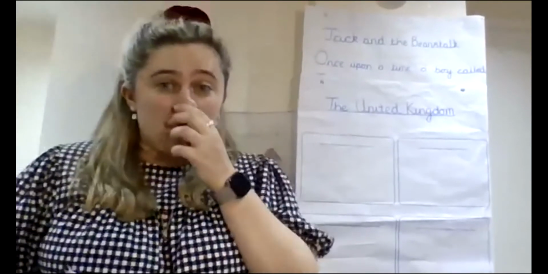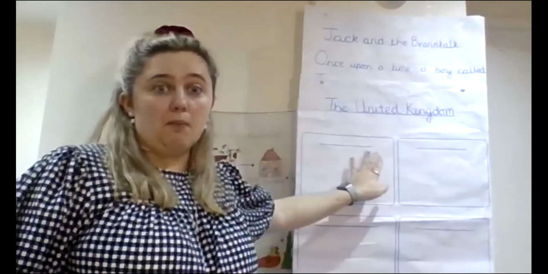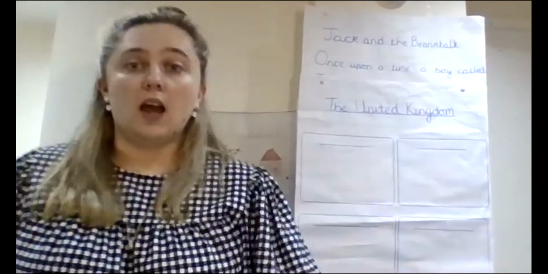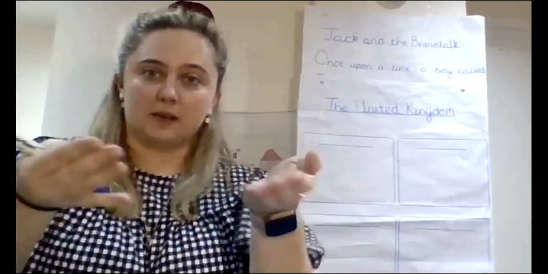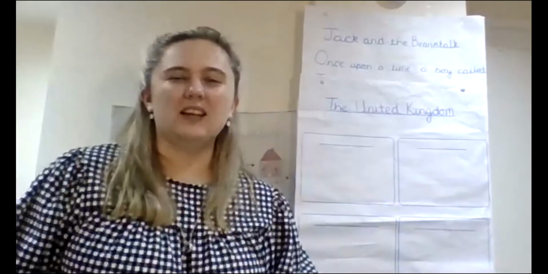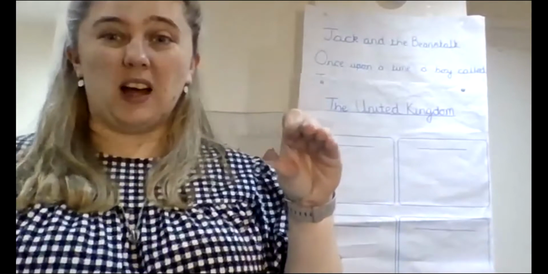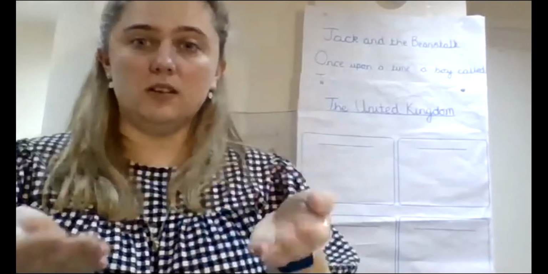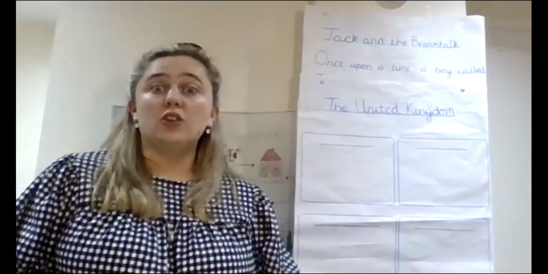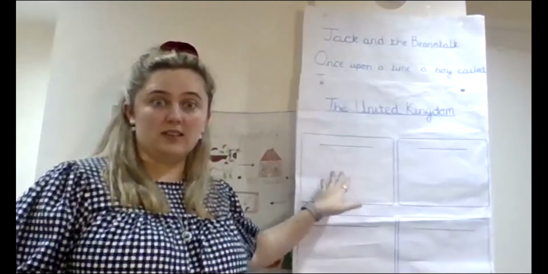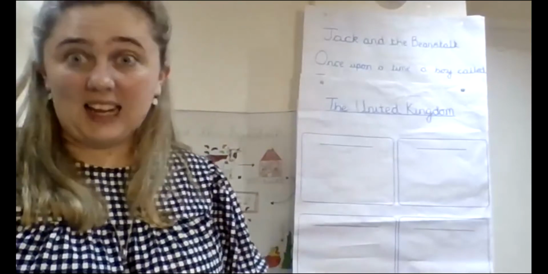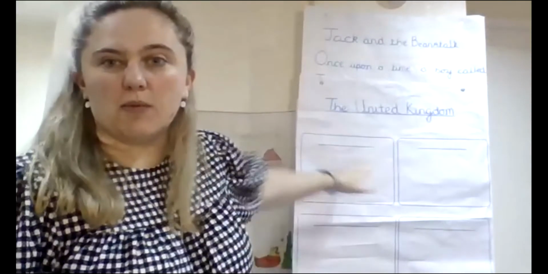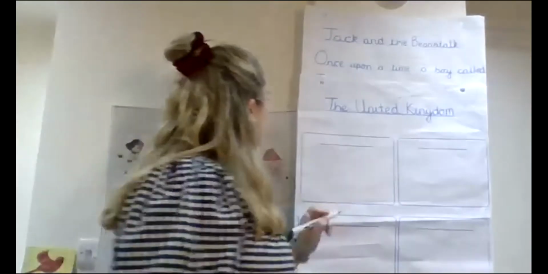And to make sure people know exactly what my boxes are for, I'm going to write a subheading. Fantastic. And a subheading is a smaller title. It can be also called a subtitle, which tells you what the box is about. So I'm going to write England at the top of my first box, okay?